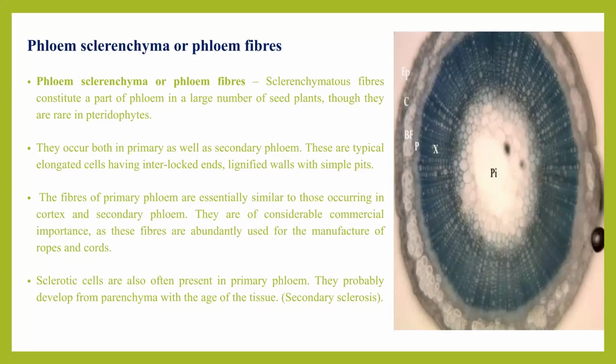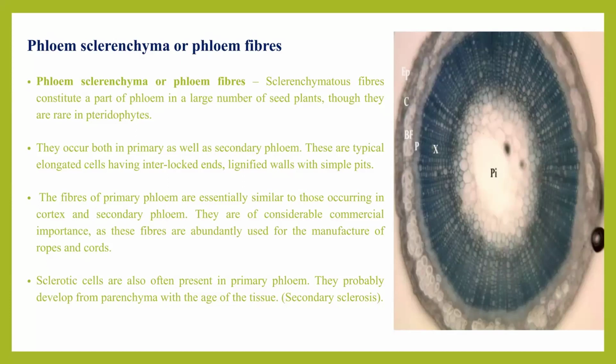Sclerenchymatous fibers constitute a part of the phloem in a large number of seed plants. They are rare in pteridophytes, and they occur in both primary and secondary phloem. These are typical elongated cells having interlocked ends and lignified walls with simple pits.